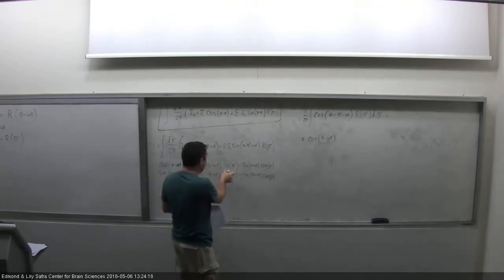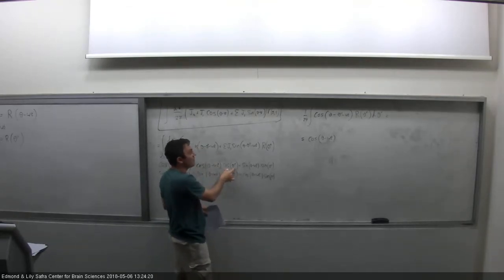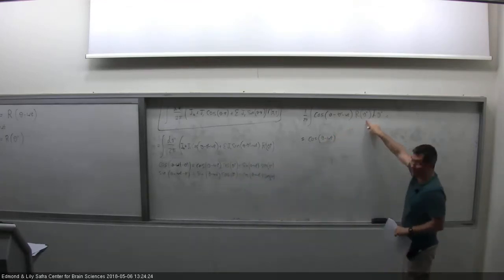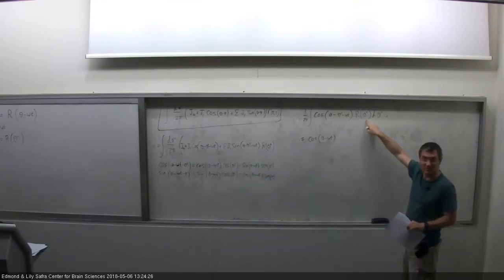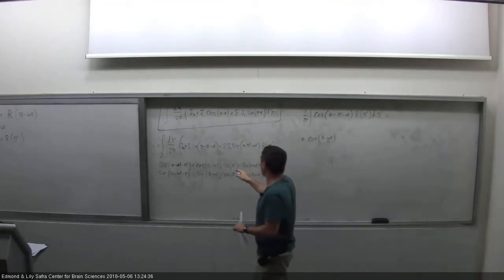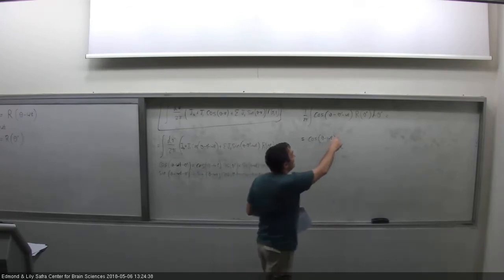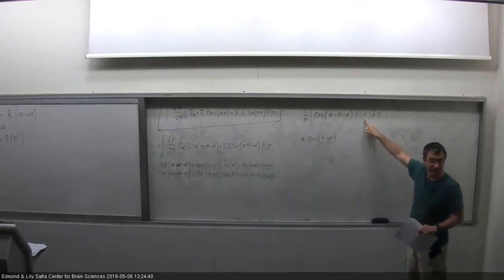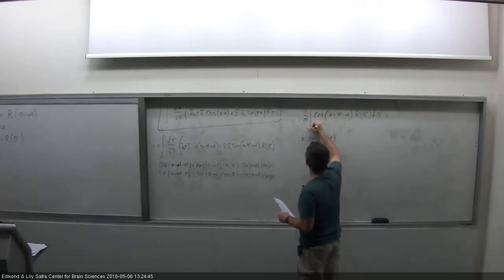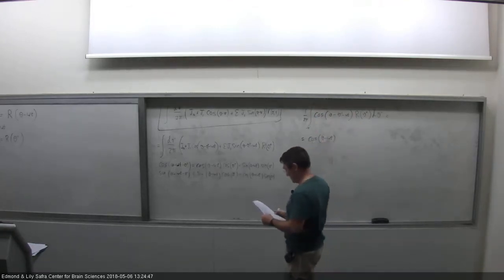And then we have an integral of cosine theta prime prime times r theta prime prime. Fourier, remember? Integral from minus pi to pi, over all neurons.